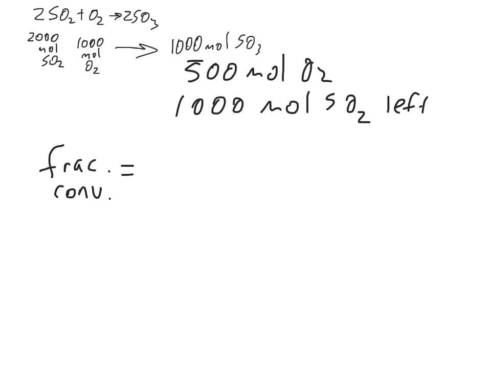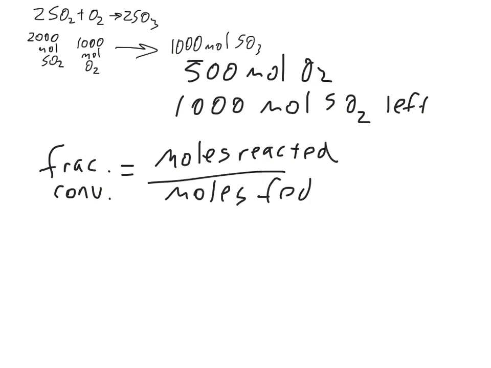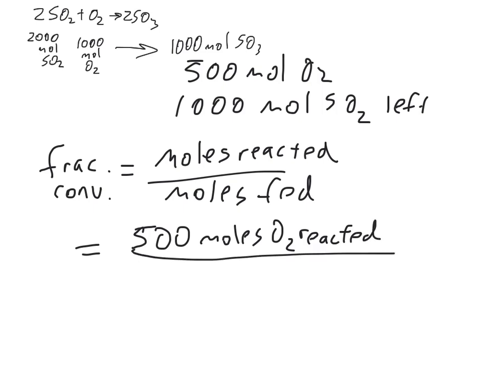Again, we want to calculate fractional conversion, which equals moles reacted over moles fed. Let's do the analysis based off of O2. It doesn't matter because SO2 and O2 are in stoichiometric ratio, but the number of moles reacted is 500 moles O2 reacted, over 1,000 moles O2 fed.